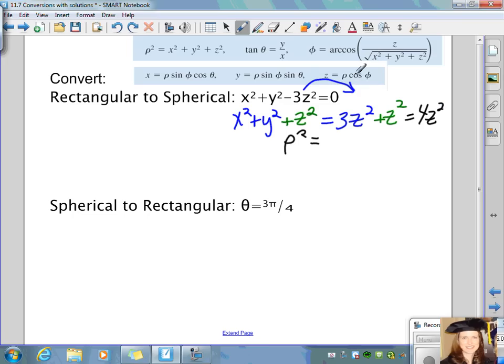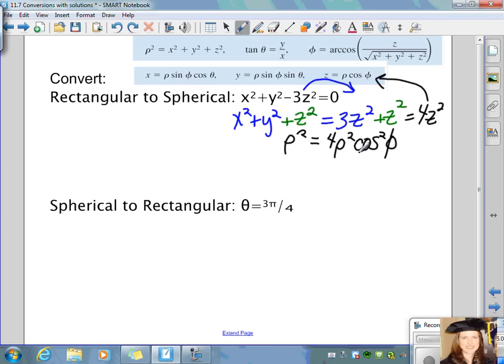And if we use the conversion equation for z, we can write 4z squared as 4 rho squared cosine squared phi. I replace the z with this conversion equation right here.